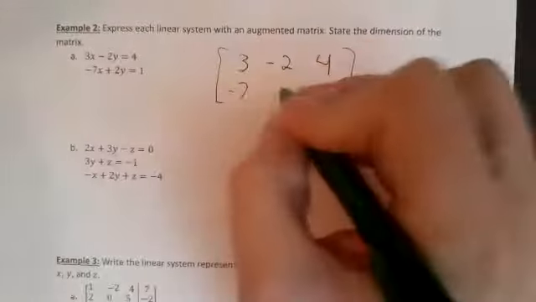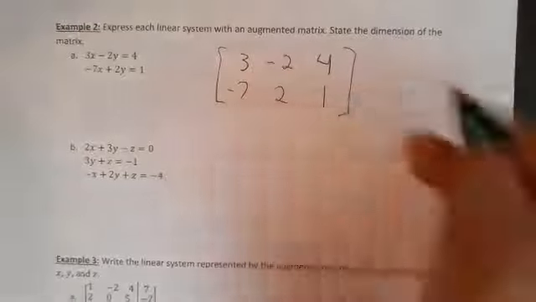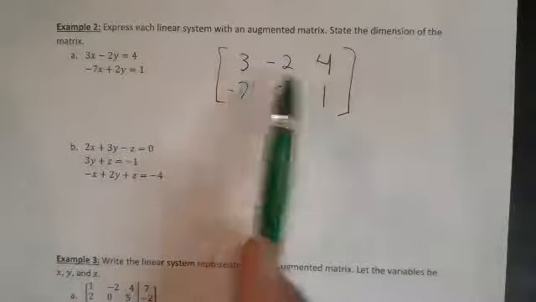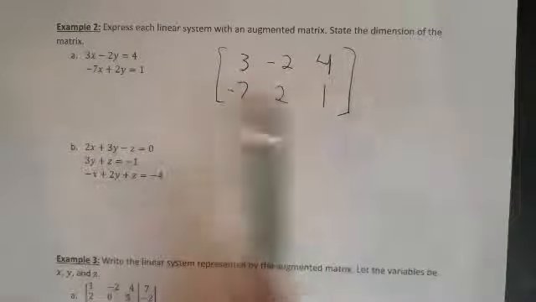And so my second row looks like minus 7, 2, and 1. And so this is a two-variable equation. So if we have a two-variable equation, you might notice that produces a 2 by 3 matrix.